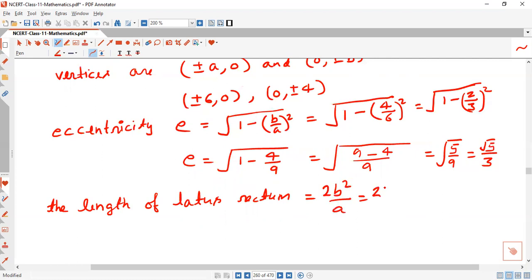It will be 2b square, that is 4 square, and a is here 6. So it comes out 2 into 16 upon 6, or you can say 16 upon 3. So this is the answer of this question.